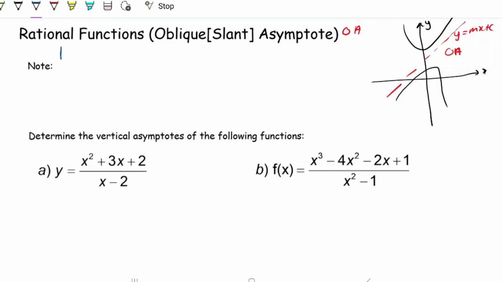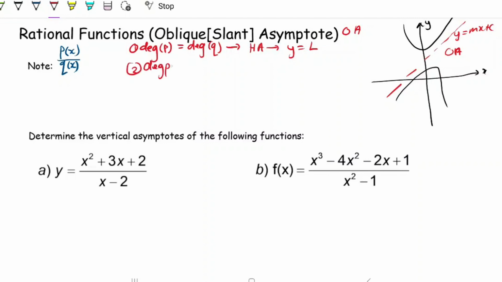So let us start off. Firstly, I've got a rational function which is given by P over Q of x. The most important thing I want you to know first: if the degree of P, the numerator, is the same as the degree of the denominator, we normally say that there exists a horizontal asymptote, given by the equation y equals L. I'm just simplifying this, not getting into deeper definitions.